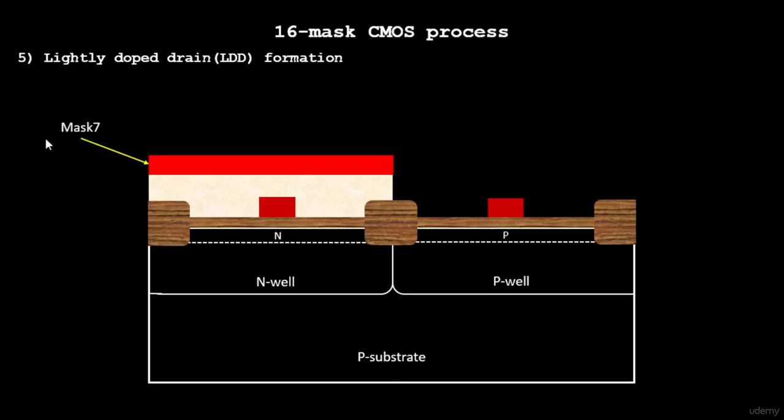Once you do that, you regrow new, high quality oxide of the same thickness, roughly about 10 nanometers thin, again on the P well and the N well. This can be controlled based on the threshold voltage that you need. So we just saw the oxide capacitance and the doping concentration.